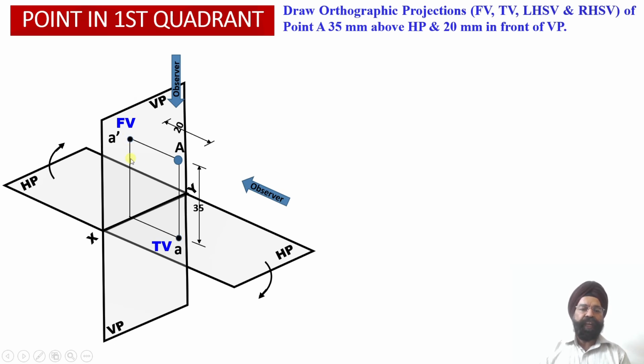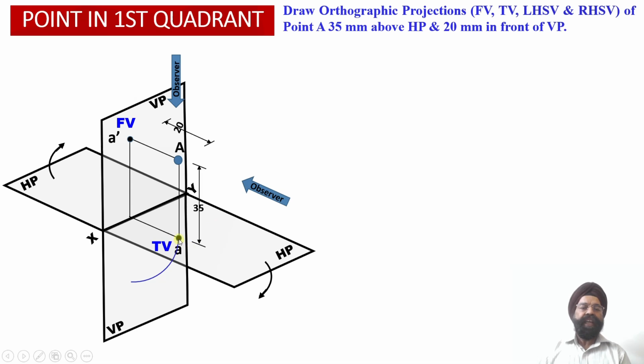Once we draw these two projector lines, we are able to establish this relationship between the front view projection and the top view projection. And once we rotate this horizontal plane in the downward direction, we will find that the A dash and A points are going to lie onto the same vertical projector line.